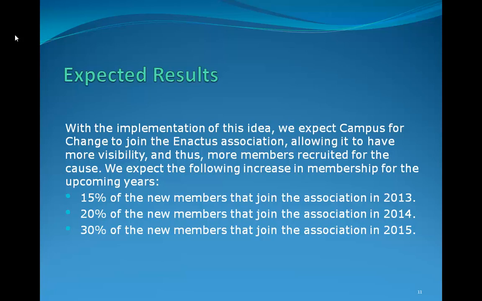We expect to have plus 15% of new members by the end of this year, and to have about 30% of the new members by the end of 2015. We think that is a demanding target that we have set here, but with the needed effort that we will put into it, it's an achievable target.